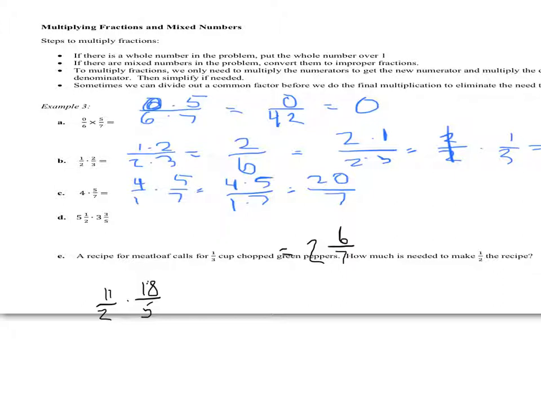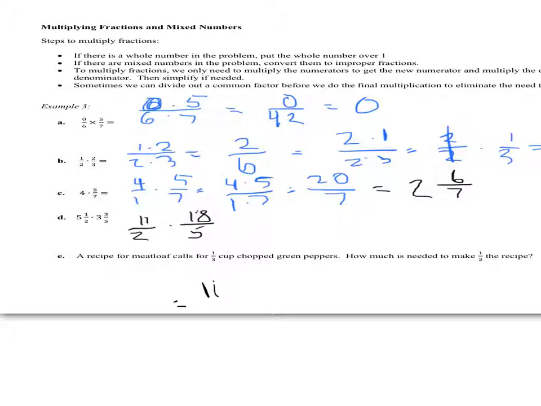Now we can multiply 11 over 2 times 18 over 5, 11 halves times 18 fifths. And we will multiply our numerators, 11 times 18, to get the new numerator, which is 198.